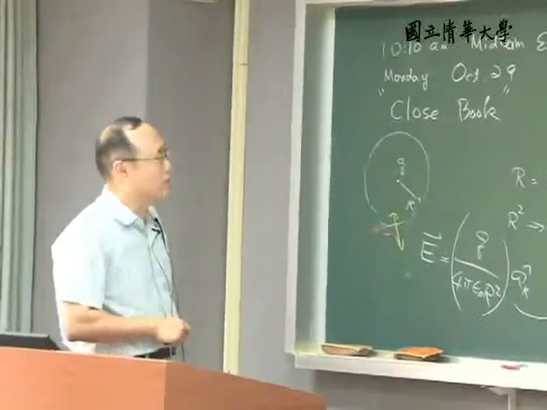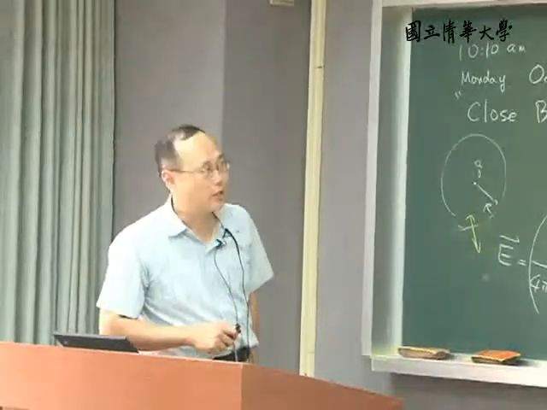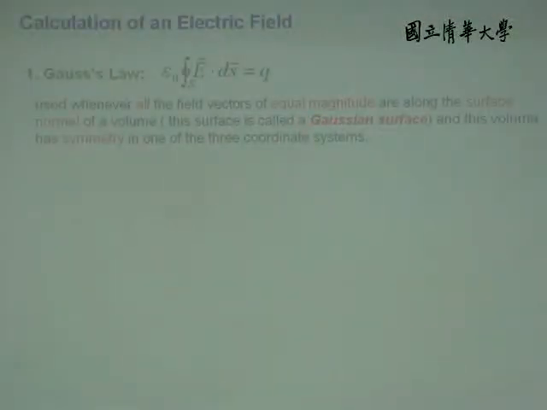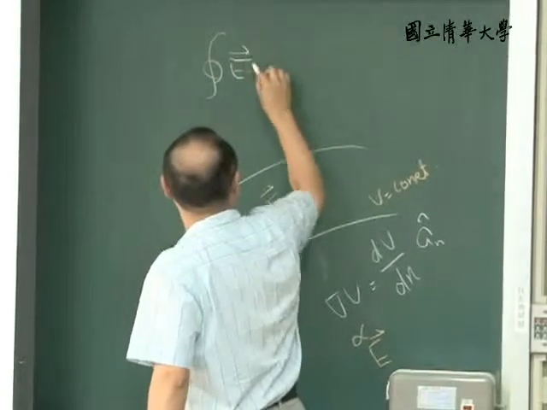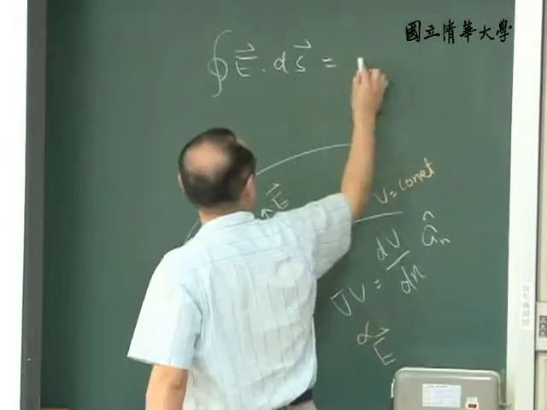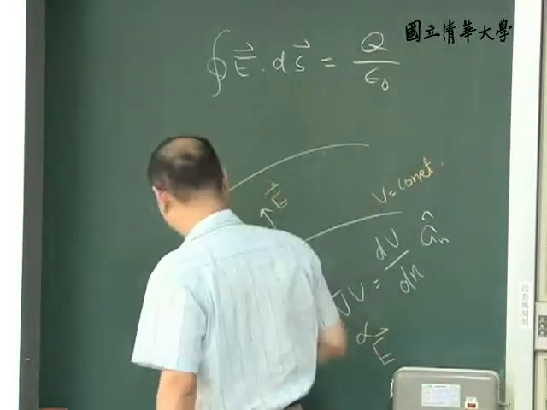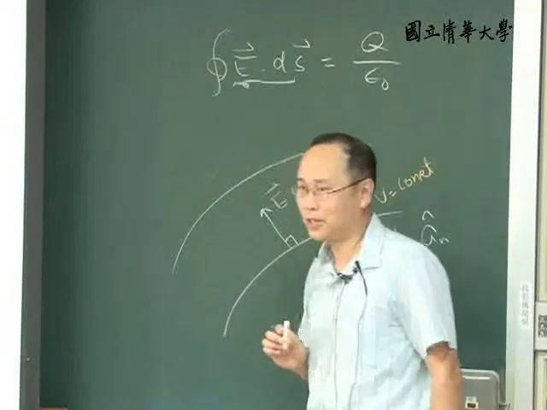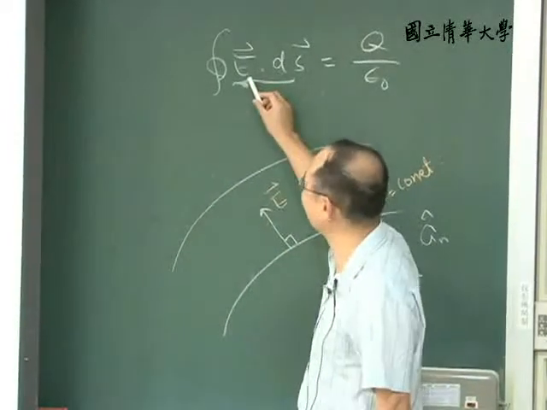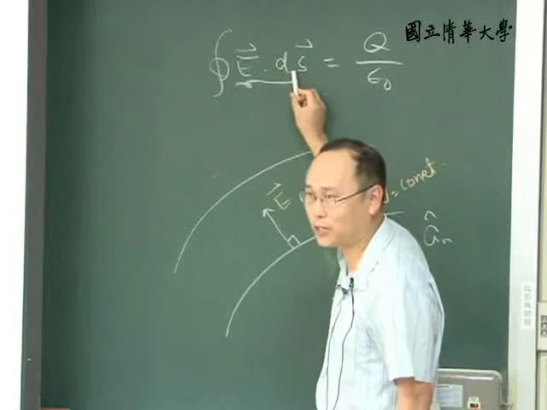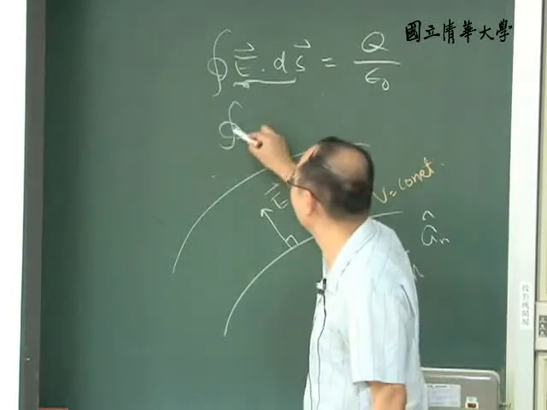So in some problems you can find this surface, called a Gaussian surface, and you need to have a symmetry in one of the three coordinate systems. Then when you calculate the electric field, you can do this. Because this turns out to be a constant, if you know the electric field is along the surface normal direction, this dot product can be removed.